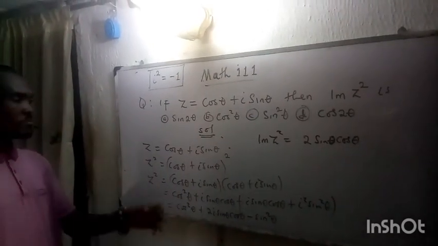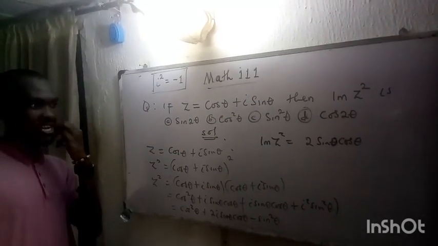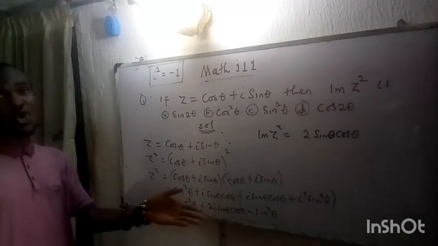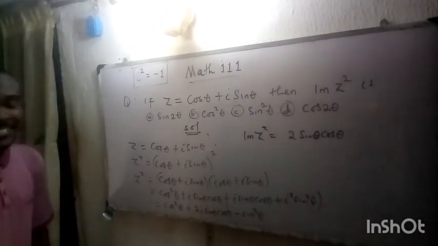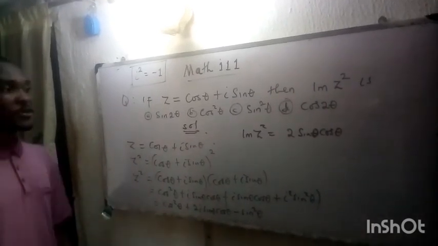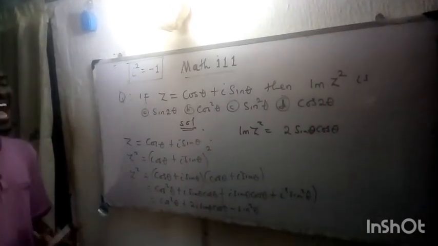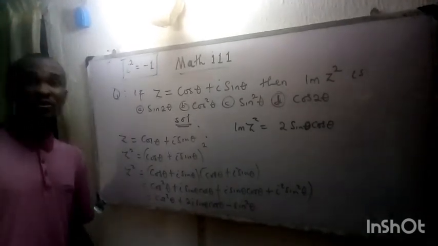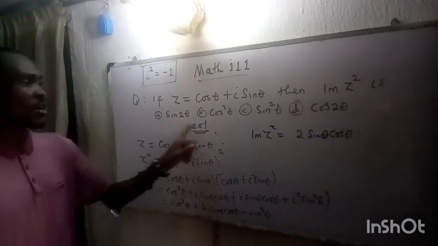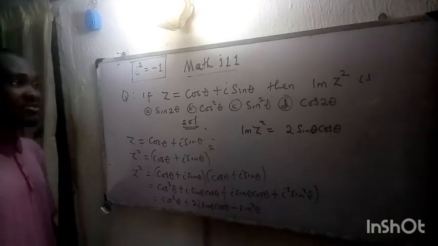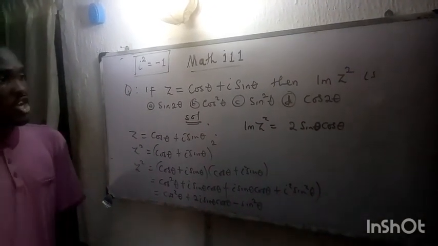But if you compare this to the options, you see that there is no option that is actually looking like this. So what we are now going to do is to see how to use the knowledge of trigonometry to rewrite this to look like one of these answers in the options.